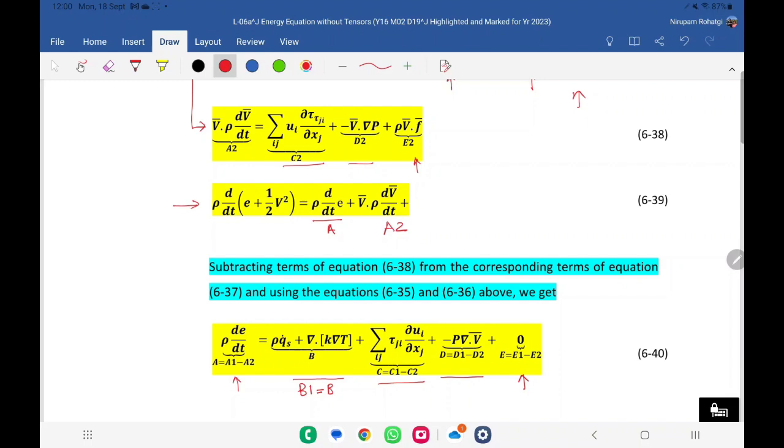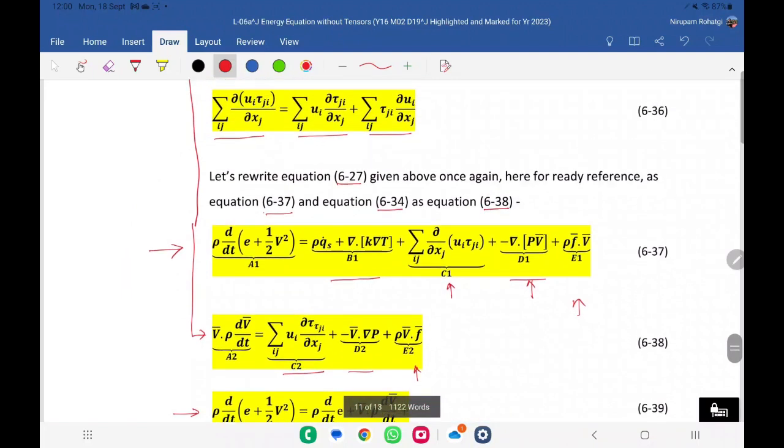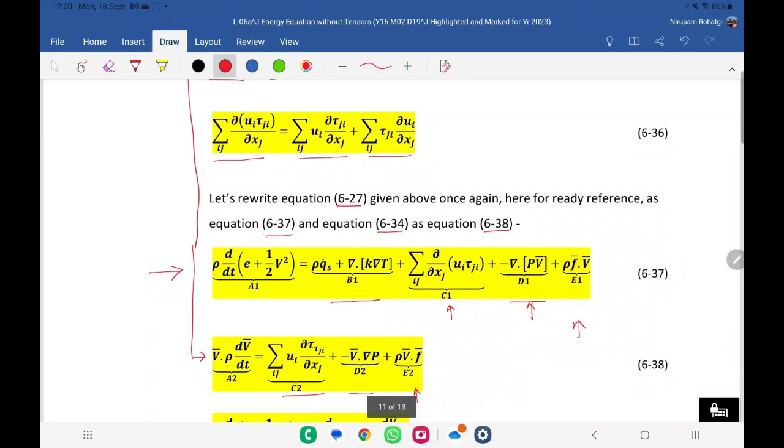So what basically you have done is, this is your energy equation. Okay, on the left side you have broken into two parts.